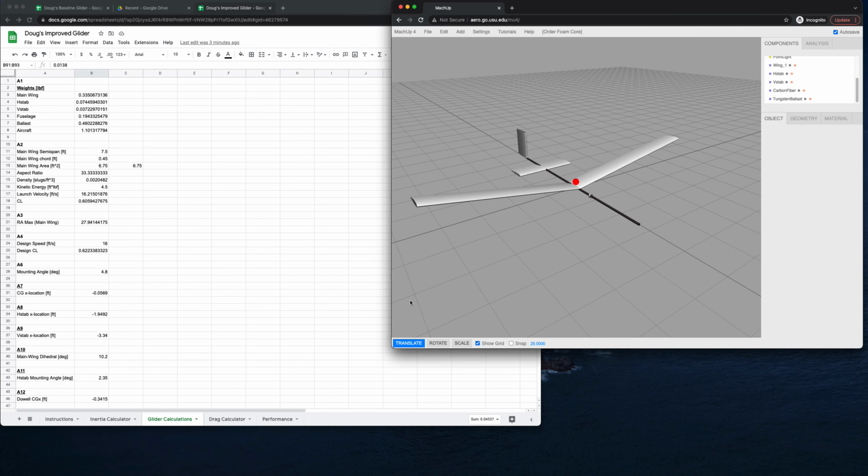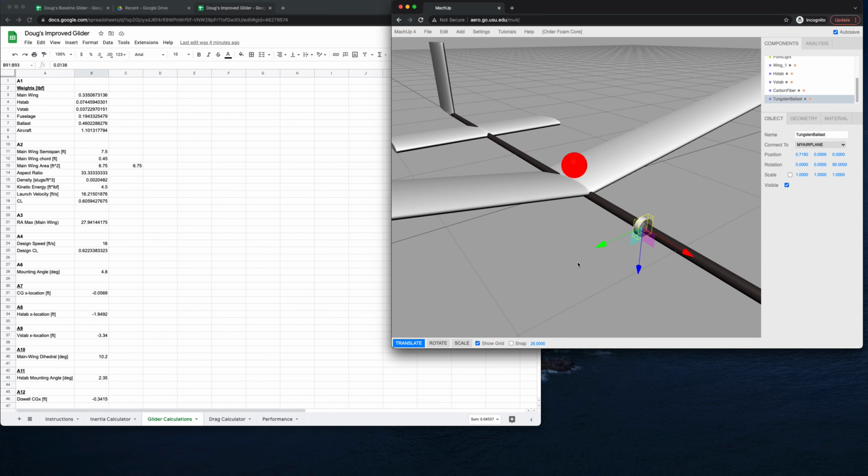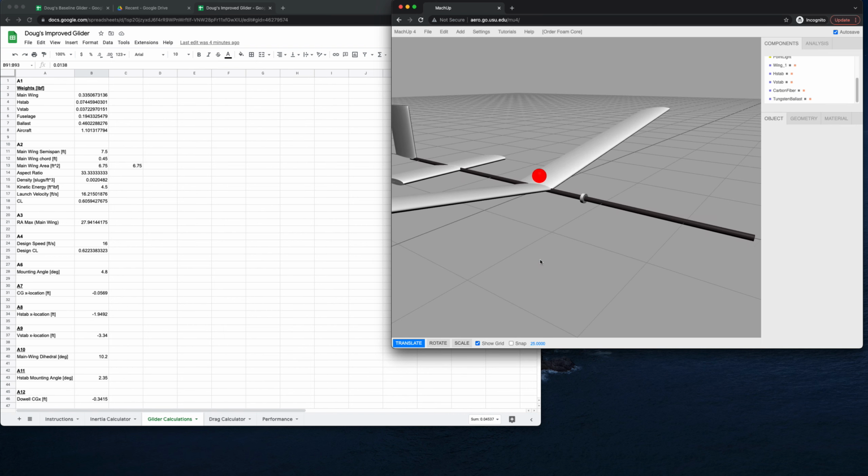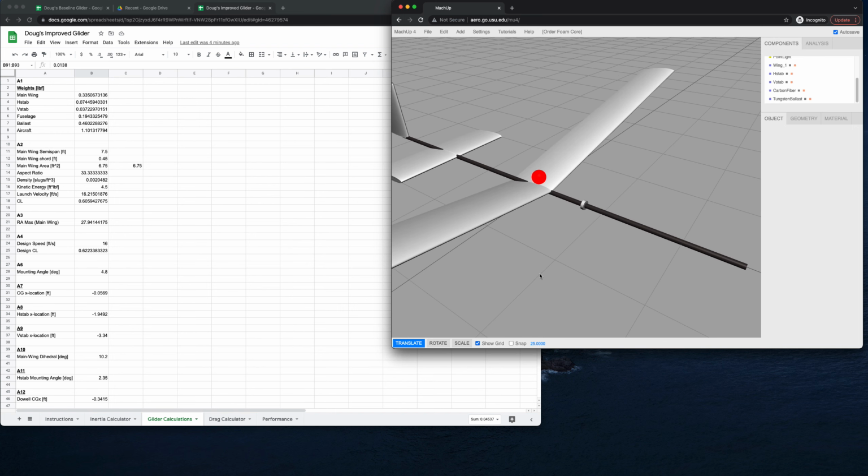So probably the biggest thing, the two big things that I'm going to attack here are, one, the size of my ballast. My ballast, that's that washer sitting there, and really for most aircraft, you're trying to remove weight. This thing will fly further if I can remove weight on the aircraft.